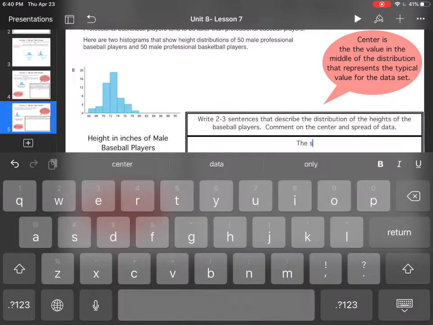The spread of the data is approximately 14 inches going from 66 to almost 80 inches.